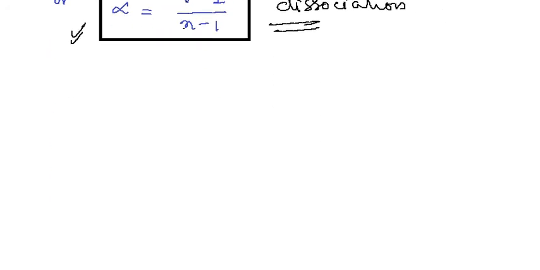Now let's consider the association. You should know that when two particles associate with each other, we call it a dimer. If it dimerizes, their concentration would become half.